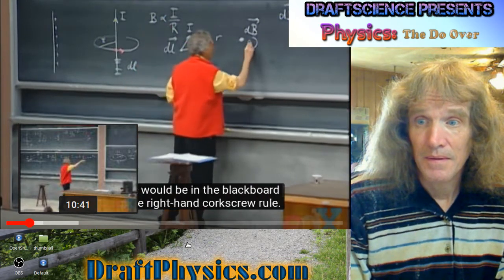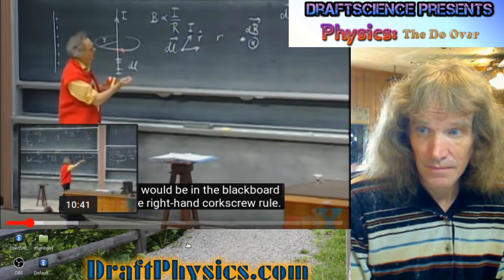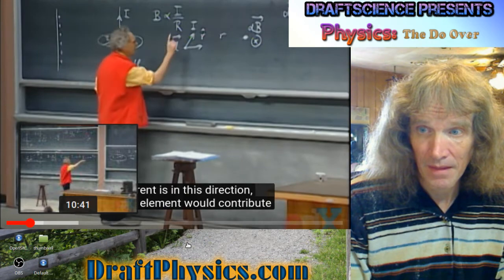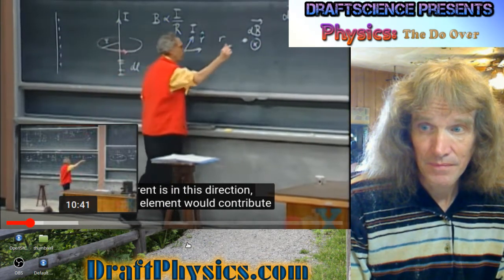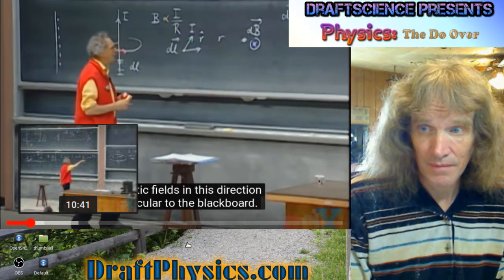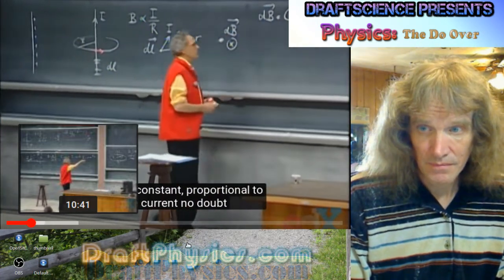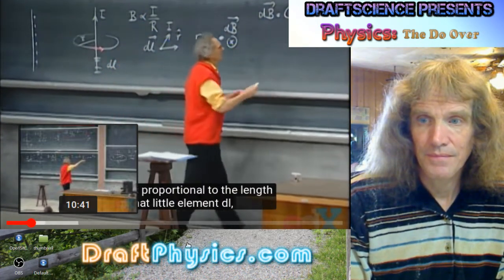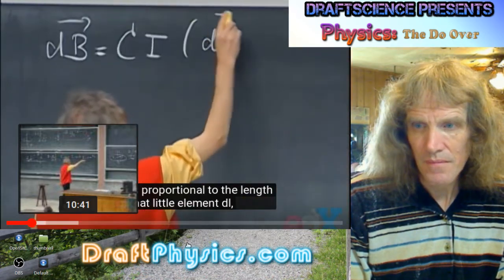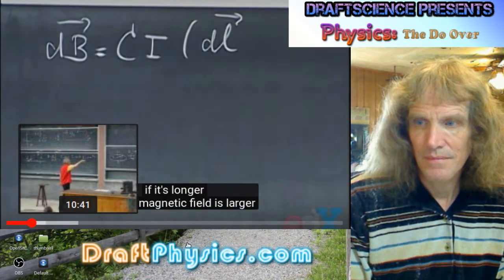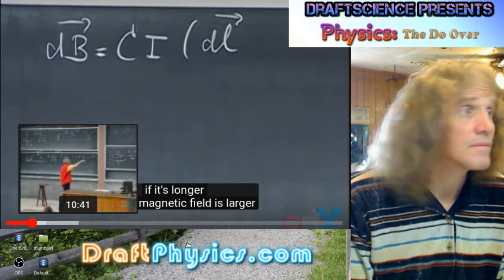In this case it would be into the blackboard because of the right-hand corkscrew rule. Current is in this direction, so this little element would contribute to a magnetic field in this direction perpendicular to the blackboard. It's some constant proportional to the current, no doubt, and then it's proportional to the length of that little element dl. If it's longer, then the magnetic field is larger.